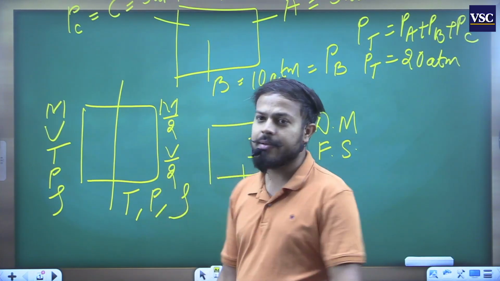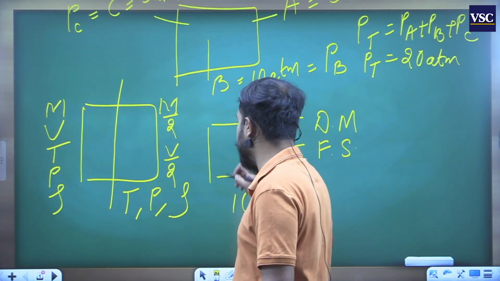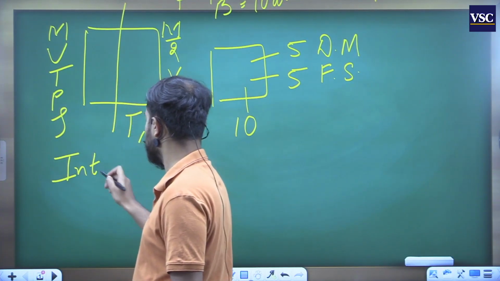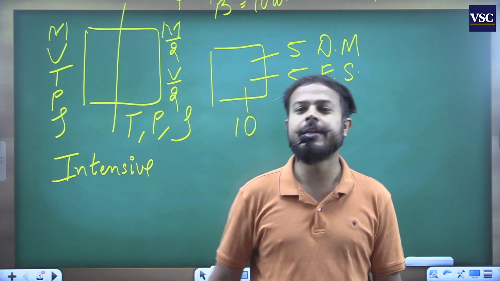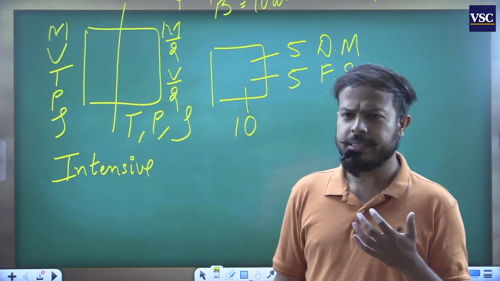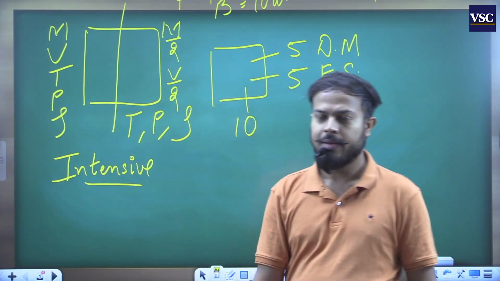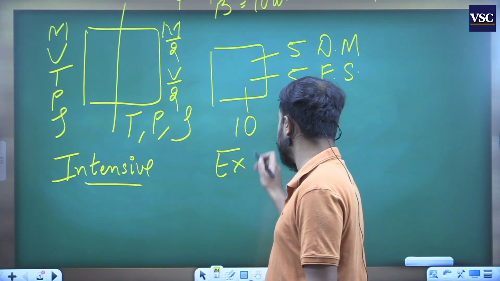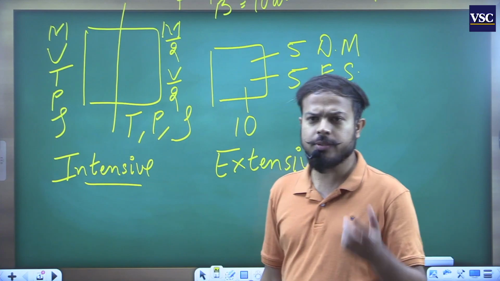So the properties which do not depend on mass are known as intensive properties. I for intensive, I for independent. All those properties which are independent of mass are known as intensive properties, while the properties which depend on mass are known as extensive. By looking at this example, what did you see?